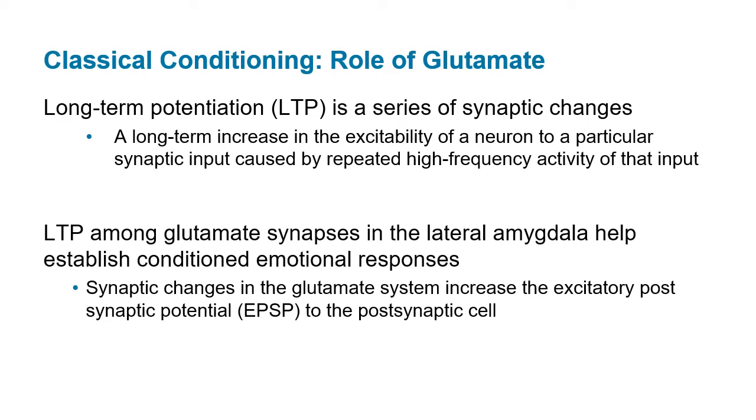But the big thing is that glutamate is responsible for long-term potentiation. Glutamate pairs with the receptors on the postsynaptic neuron in such a way that it can create more connections, and it'll create more receptor sites.